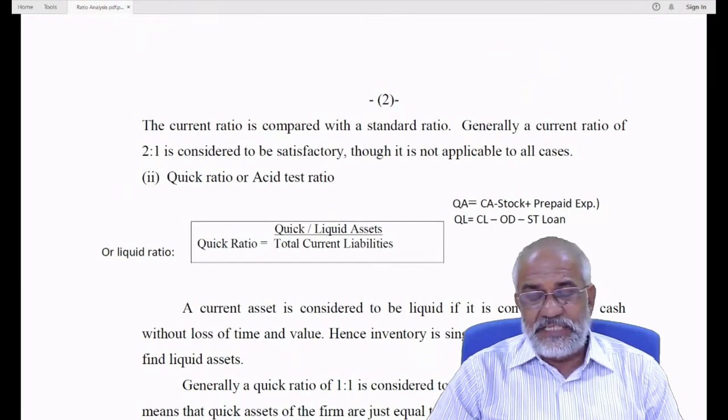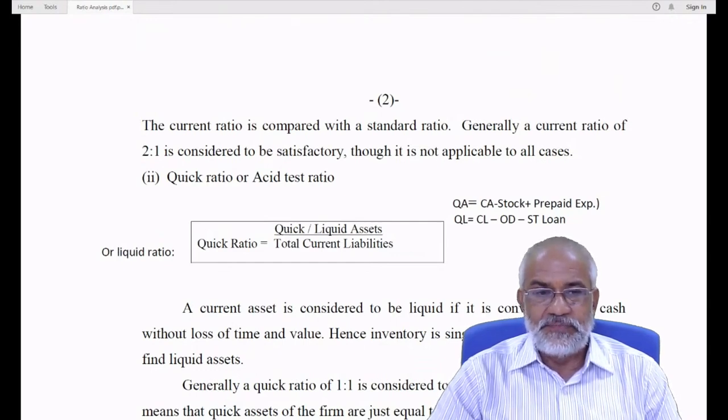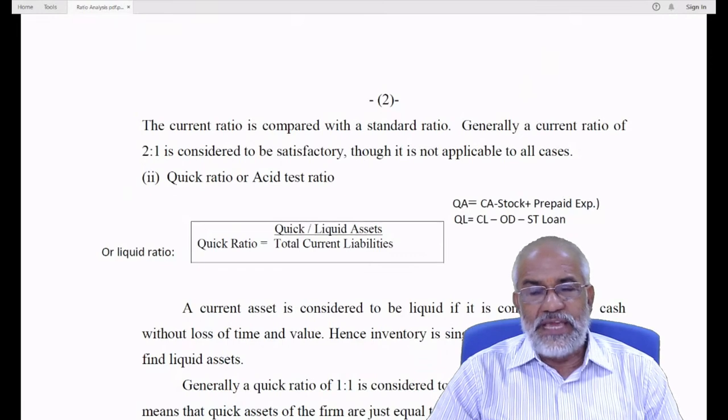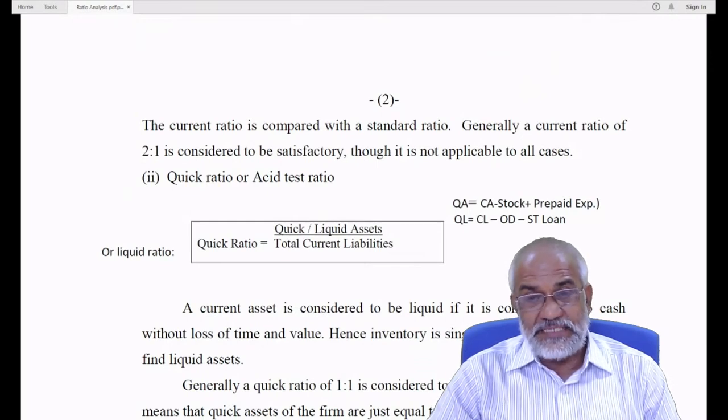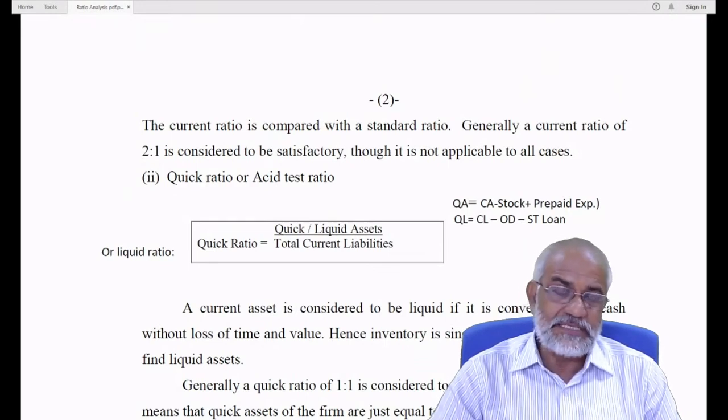The second ratio coming under this liquidity category is the quick ratio, which is otherwise called the acid test ratio. In the quick ratio, the quick assets are divided by total current liabilities or quick liabilities. The difference between quick asset and current asset is that two items are to be deducted from the current assets in order to convert them into quick assets, that is, the inventory stock and prepaid expenses.